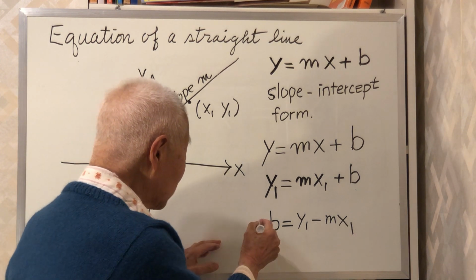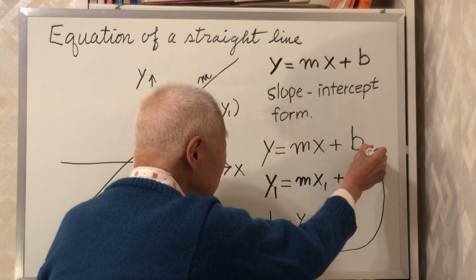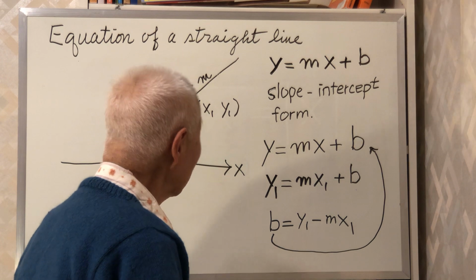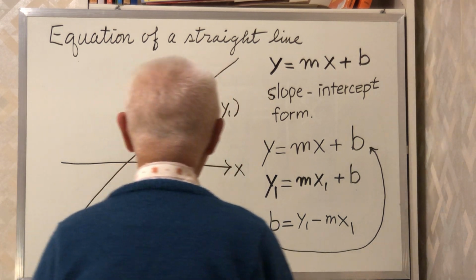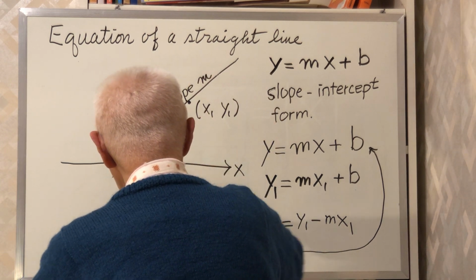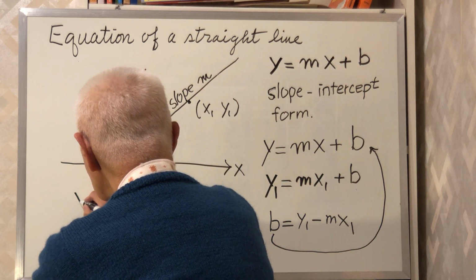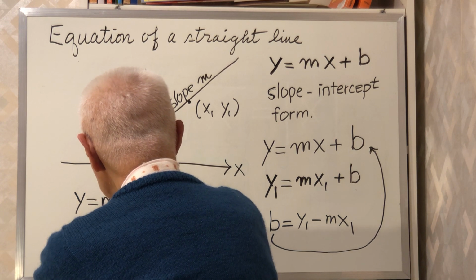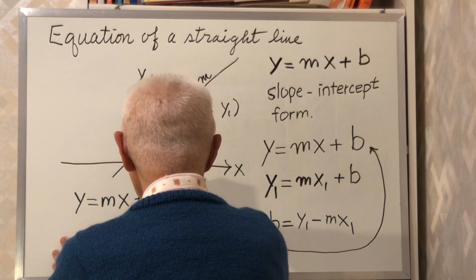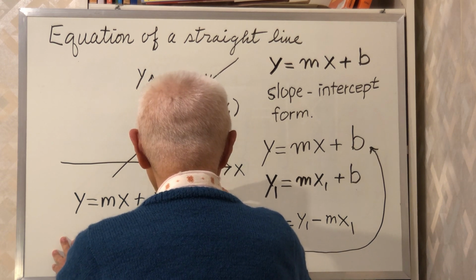Then I can substitute this b into here, into this b. So what do I have now? All right. I need to erase something. So let's erase here. y equals mx plus b. b is y1 minus mx1.